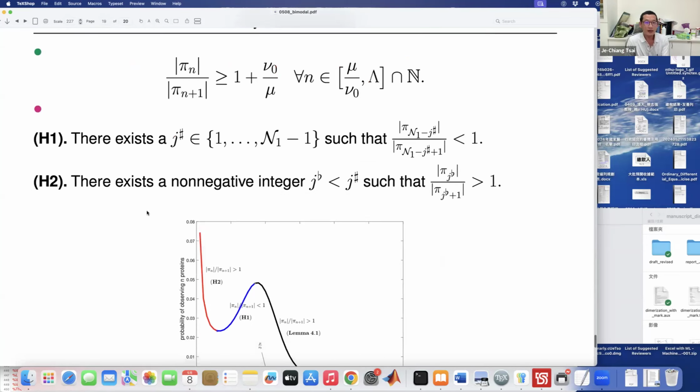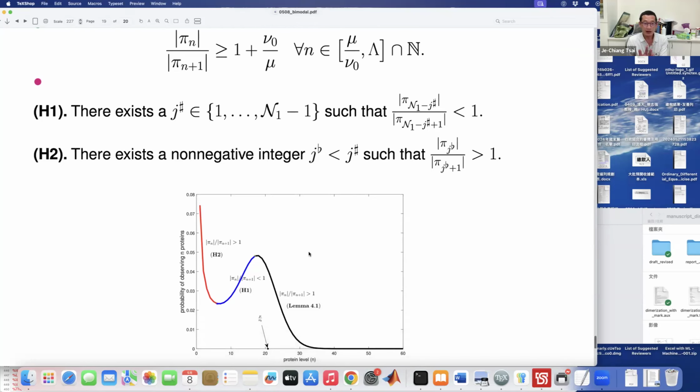Finally, we also show that if n is larger than this ratio, then for any steady-state distribution the distribution is monotone decreasing.